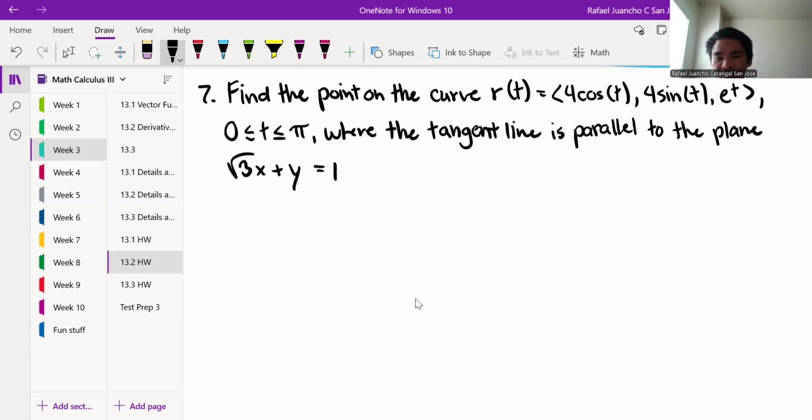Well, from the plane we have a point and we have a normal vector.